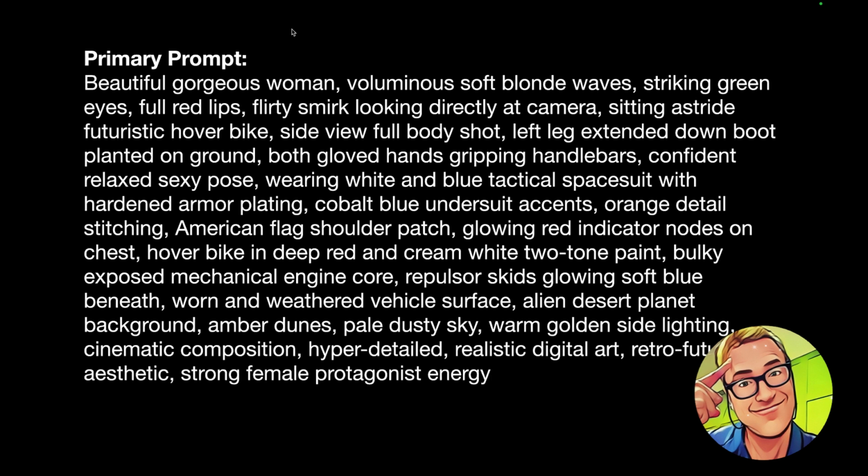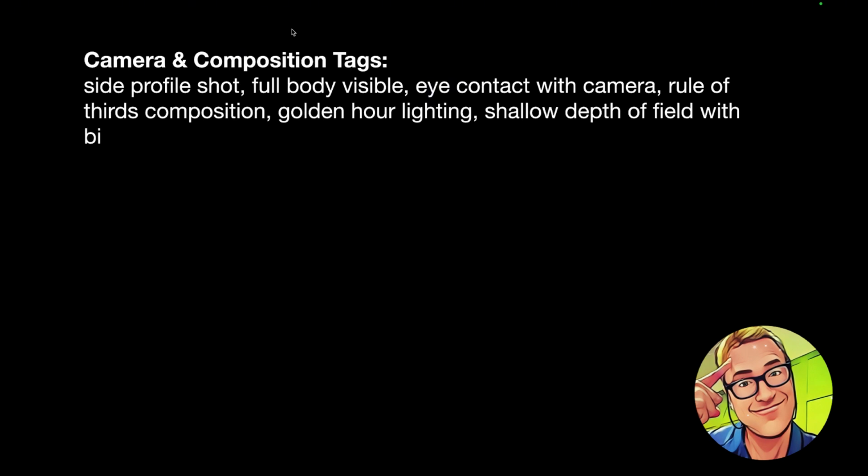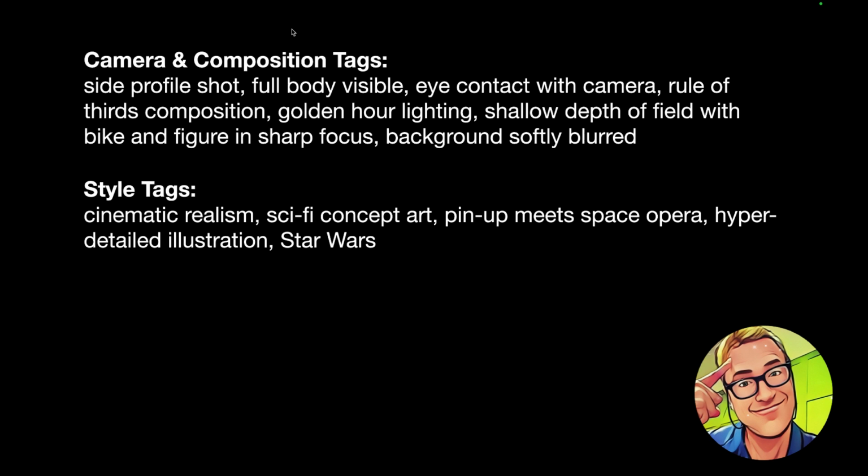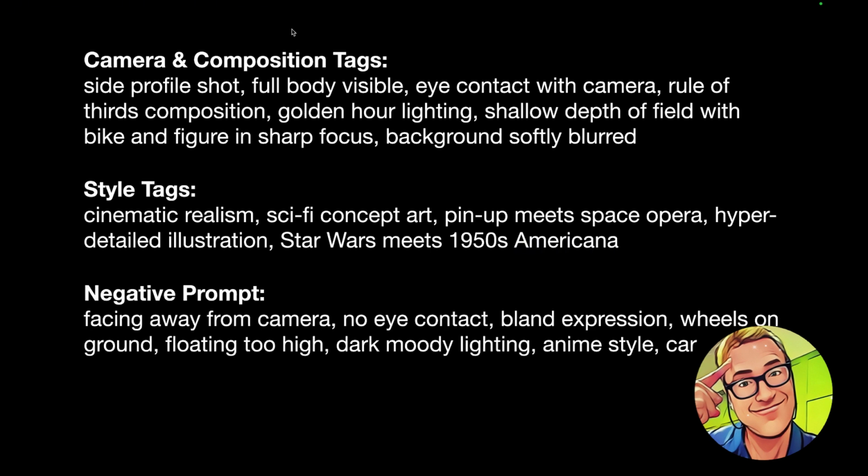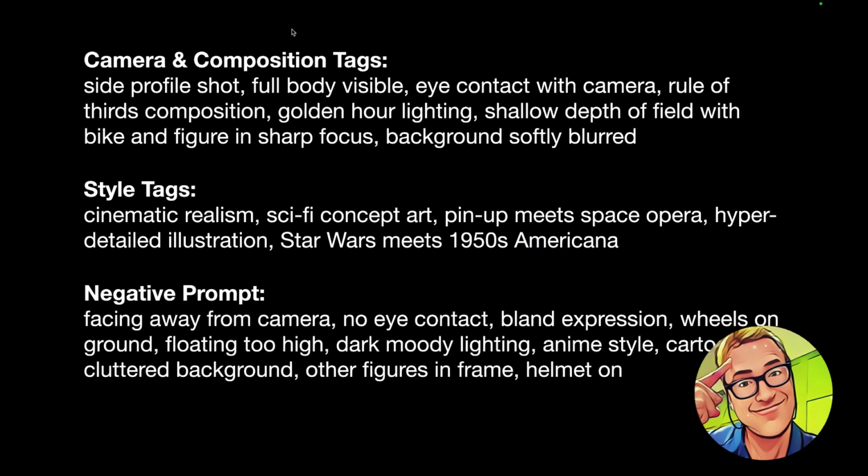Claude described the woman, described the bike, kind of described everything, and gave it extra detail like the retro-futurism aesthetic, strong female protagonist energy, all this stuff that I didn't realize was going to be really helpful to creating the image. It also included the camera and composition tags: side profile shot, full body visible, eye contact with camera, rule of thirds, golden hour lighting, all this really cool stuff, and style tags, cinematic realism. And then it threw in this other thing called the negative prompt.